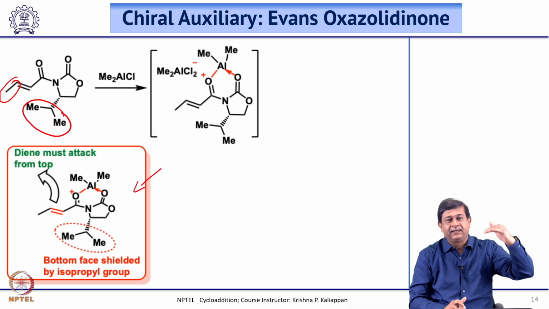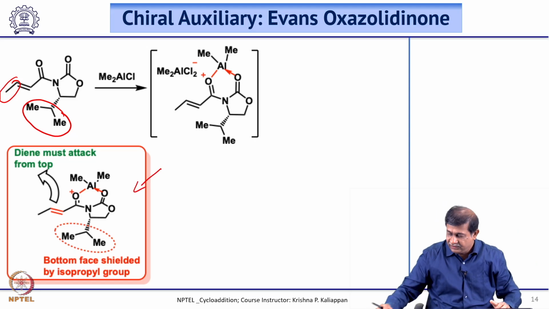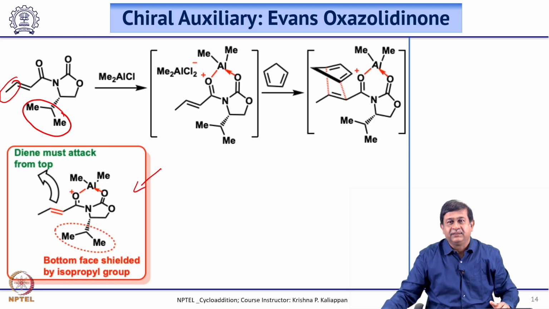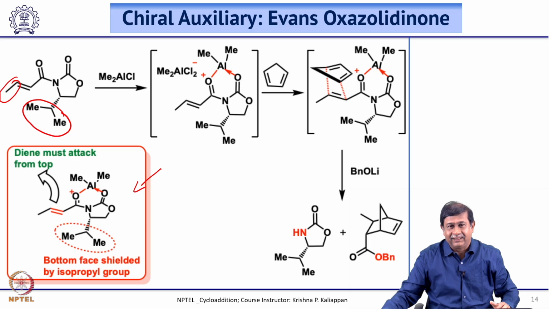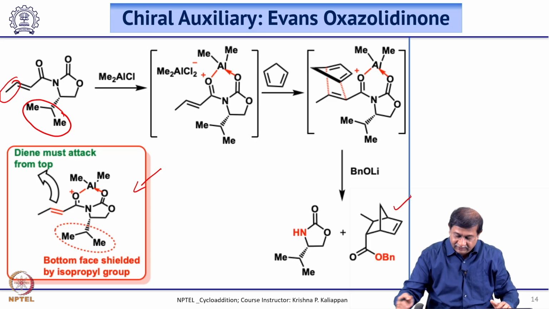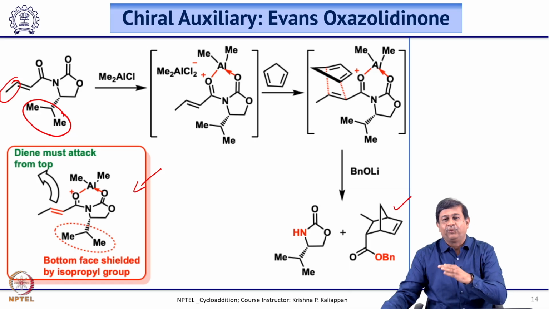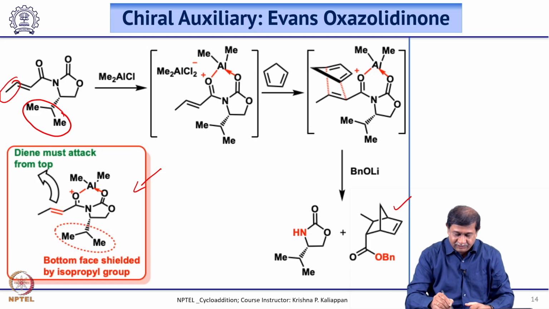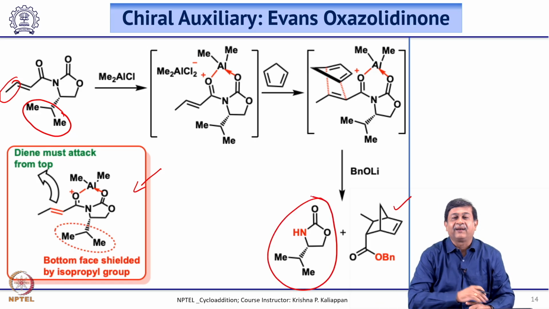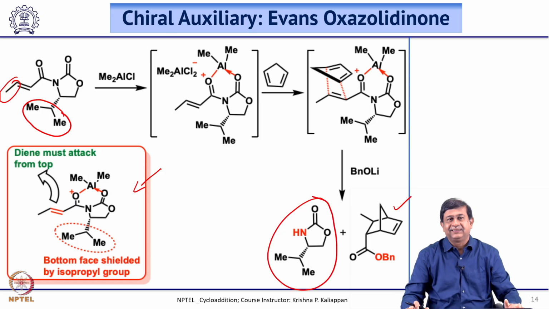So now the diene has to come only from the top side, not from the bottom. So that will give you this transient state, and after removing the chiral auxiliary, you get this bicyclo[2.2.1] system, and also you recover your chiral auxiliary. These two are very nice examples of using chiral auxiliaries in the Diels-Alder reaction.